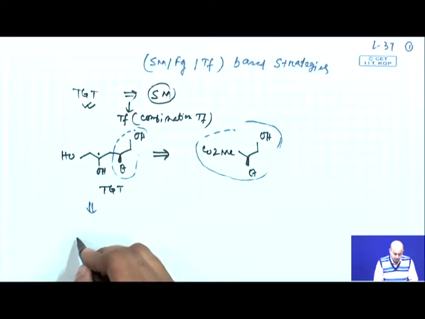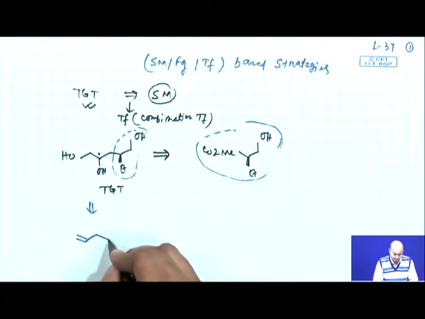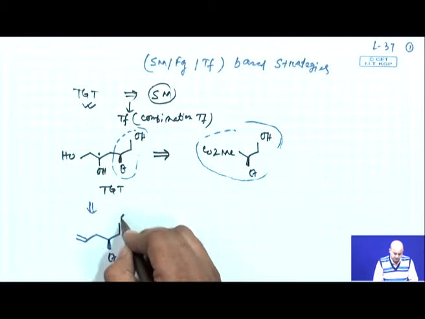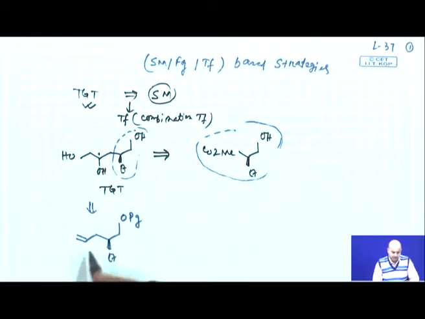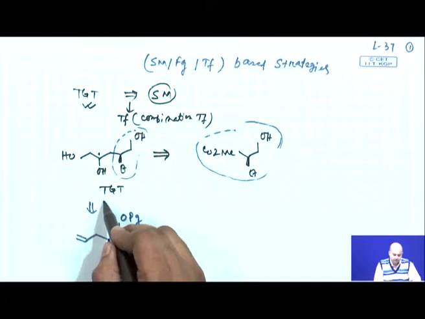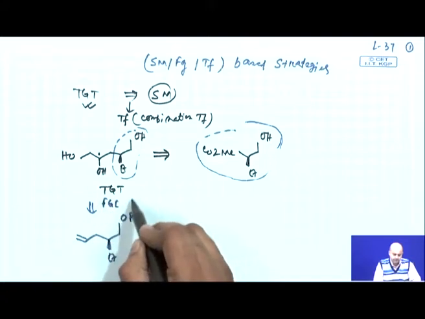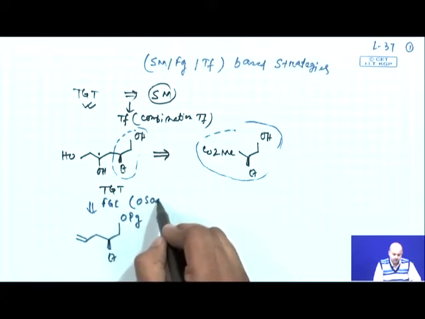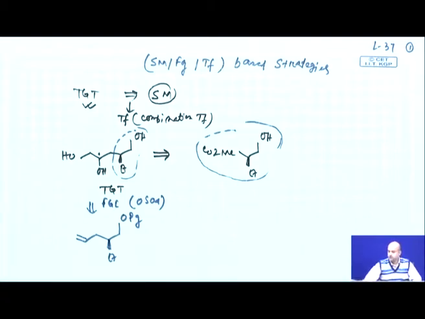So, a vicinal diol probably you can think of preparing or disconnecting through this kind of thing. And I say that this vicinal diol you can convert through an FGI, which is basically osmium tetroxide mediated dihydroxylation, which is very well known.